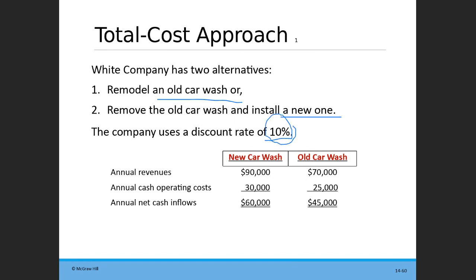So we've got some revenues, costs, and cash flows. 70 minus 25 is 45, 90 minus 30 is 60. Here's what we need to think about discounting: our net cash flow.